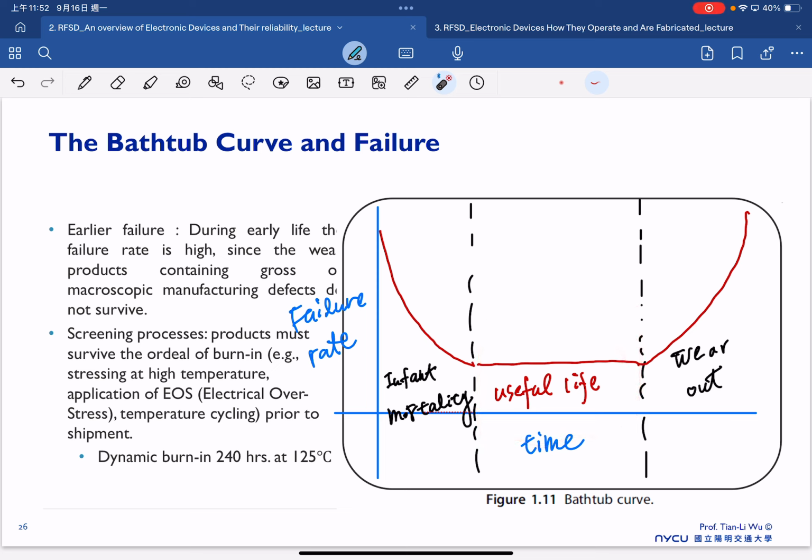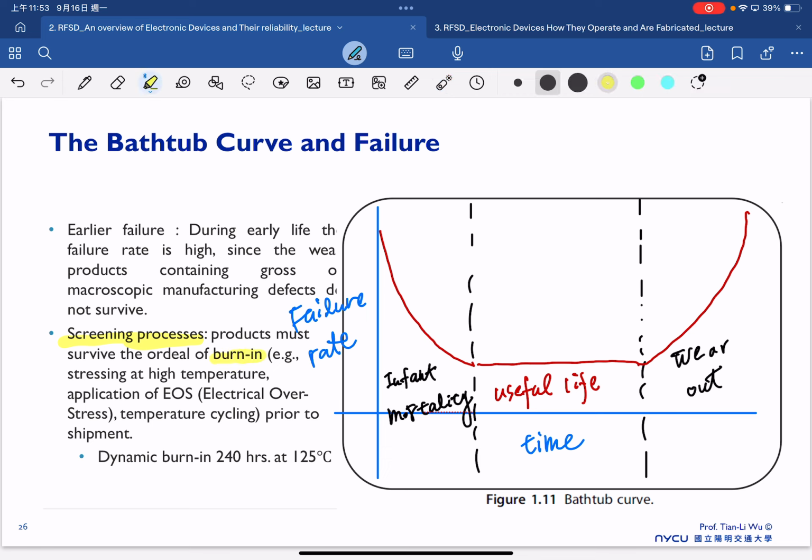To make sure that we can screen out the device products that possibly have infant mortality or early failure, we need to introduce a screening process. Products must survive a certain kind of testing, for example what we call the burn-in.